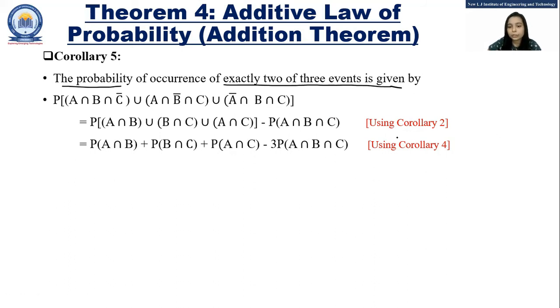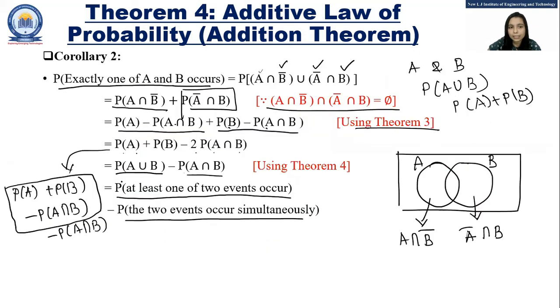So corollary 2 is nothing but, here you can check, exactly one of A and B occurs. So what is the probability of exactly one of A and B occurs? That is the probability of at least one of 2 events occurs minus the probability the 2 events occur simultaneously.